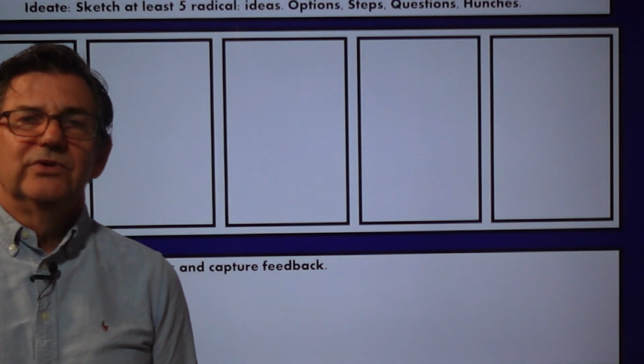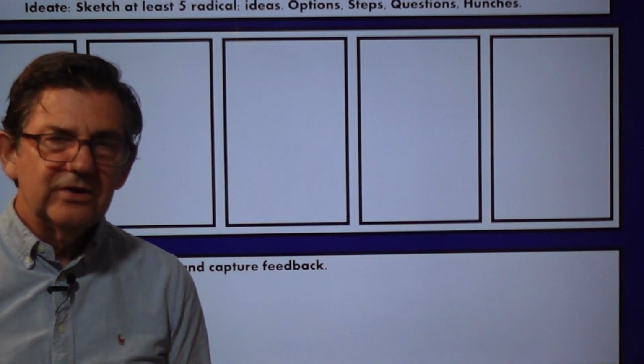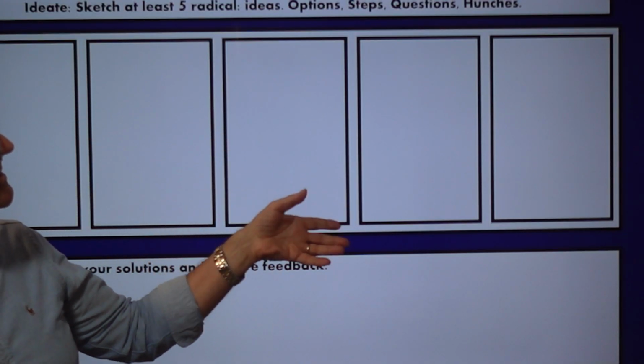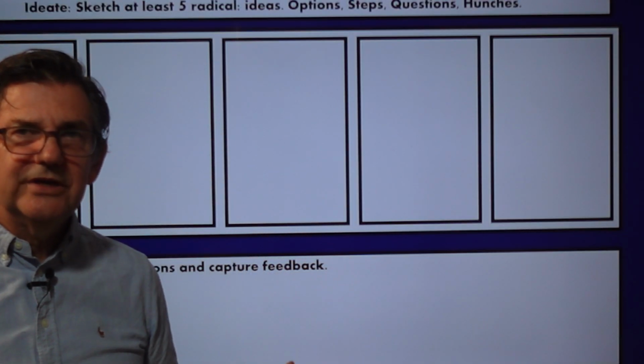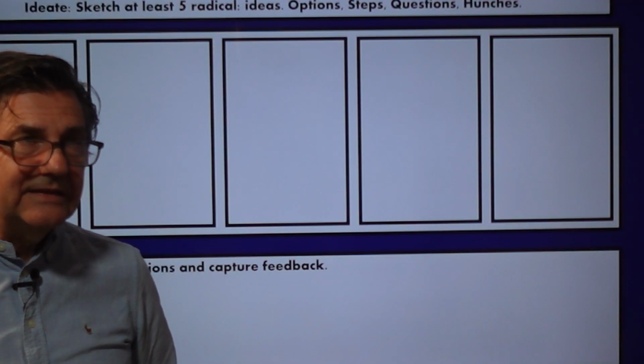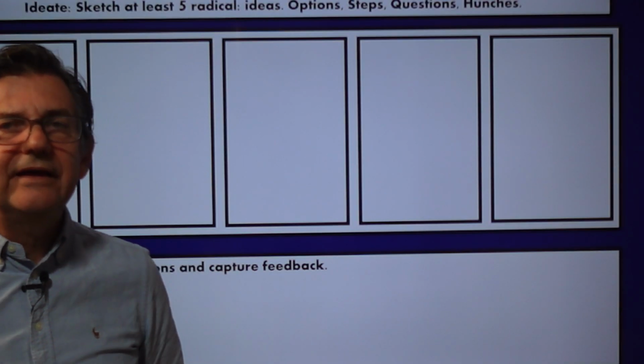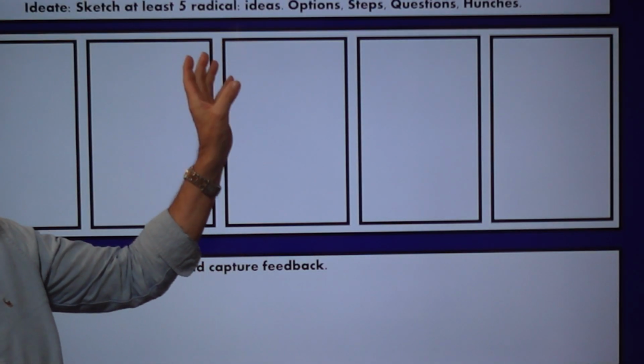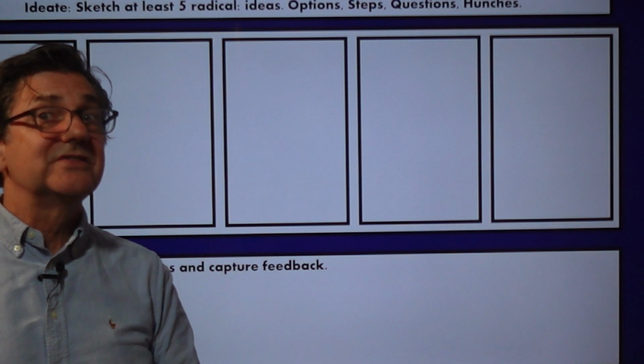So that's all very well, and let's leave you with something a little more structured. This was originally put together from the D-School, and it's called 5 Radical Ways of. But I've just turned it into literally sketch at least 5 radical somethings.